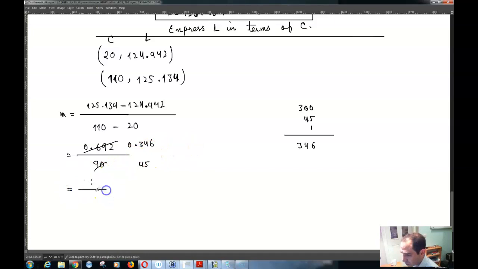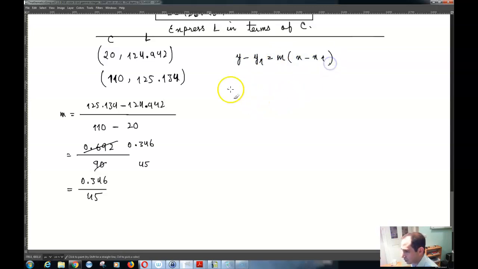So we can write this as 0.346 divided by 45. That is the slope of the line. Then you can write y minus y1 is equal to m times x minus x1. Picking this point as x1, y1, we write y minus 124.942 is equal to 0.346 divided by 45 times x minus 20.